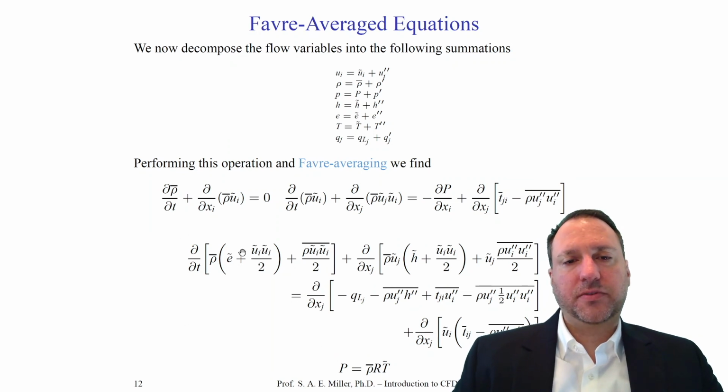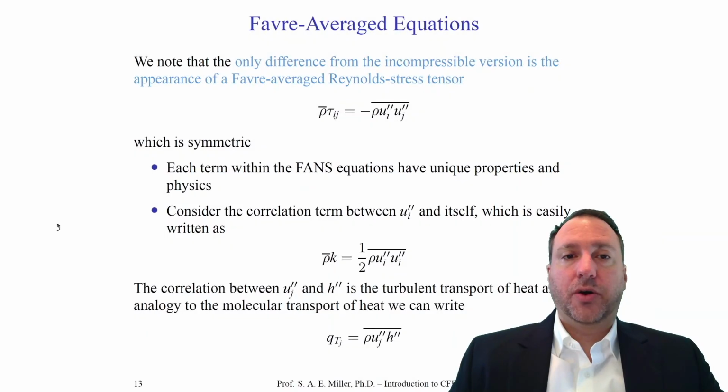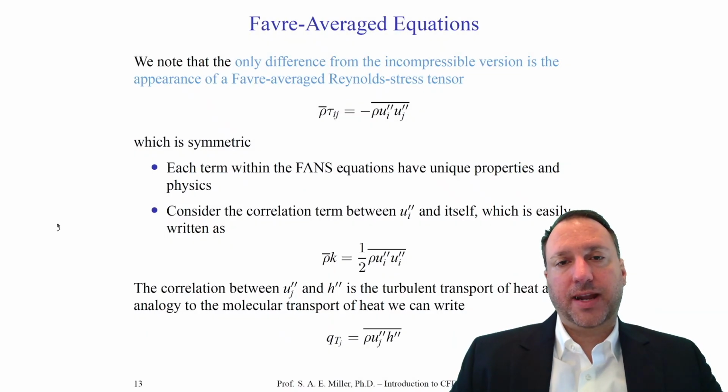Take a few minutes to look through these equations, and you'll see that indeed we have not obtained too many more additional coefficients compared to the traditional Reynolds averaging in the full compressible set of equations. You will note that the only difference between the incompressible version of the RANS equations is the appearance of the Favre-Averaged Reynolds stress tensor.